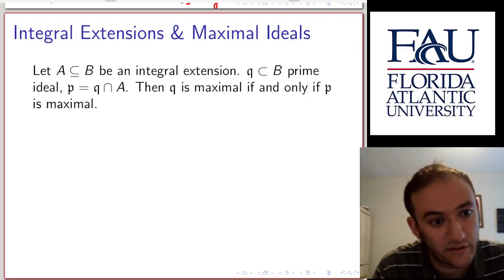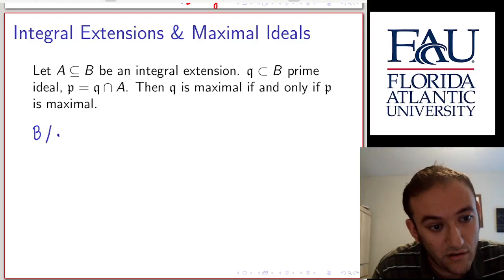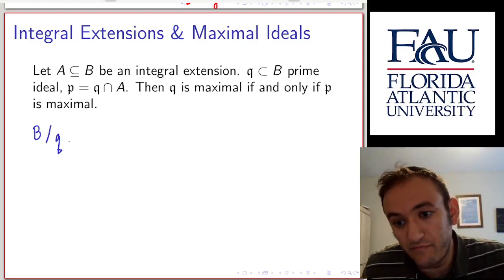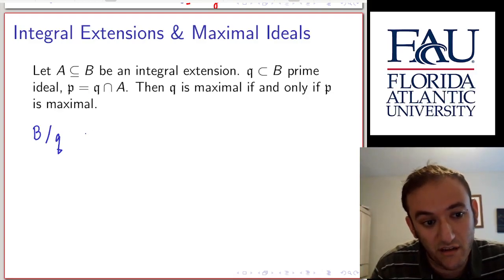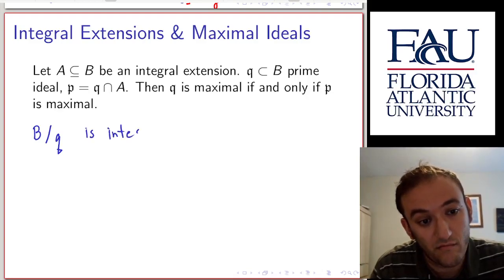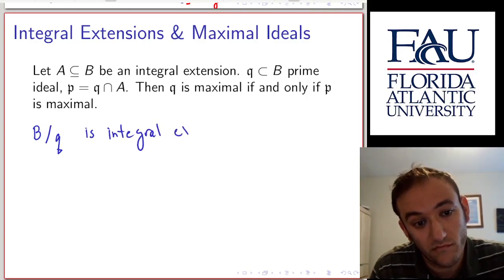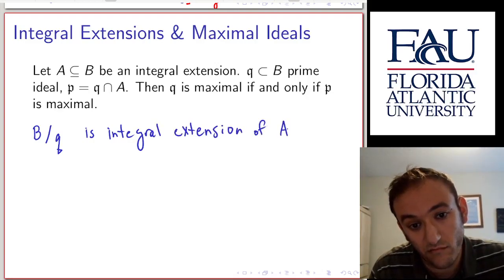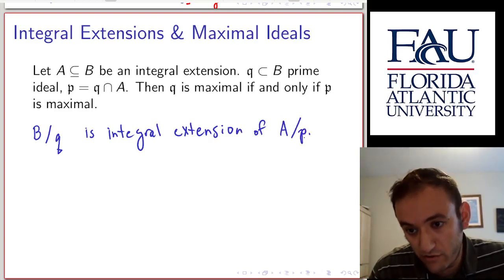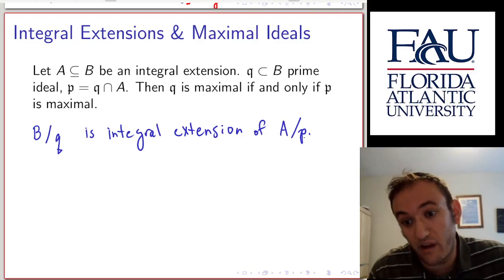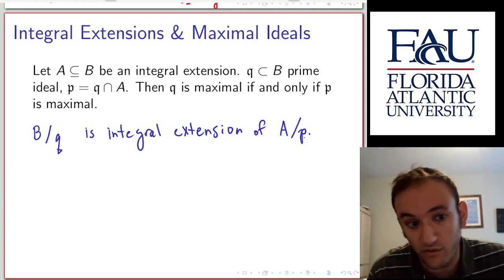It's actually pretty straightforward. If you take the quotient of B by Q, because Q intersect A is equal to P, this is now an integral extension of A mod P. Now this is an integral extension of quotients by prime ideals, so they're necessarily integral domains.